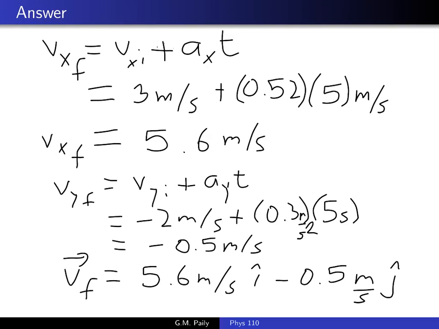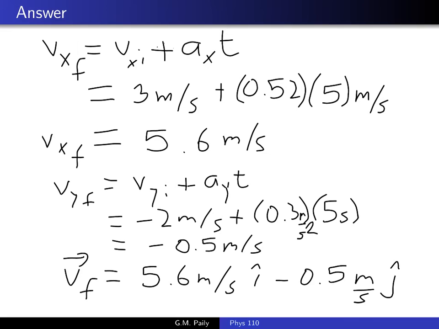Notice a few things. One, this is a vector. We have combined the components with the unit vectors to give an overall object that has both direction and magnitude. It tells us how fast it's moving in the x direction and how fast it's moving in the y direction.